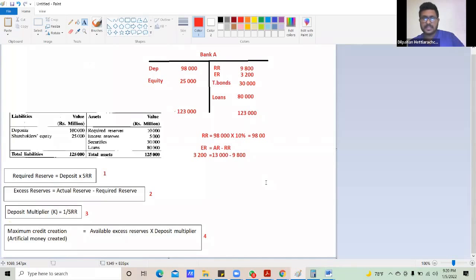Sometimes, since they don't have enough reserves, they sell their securities and increase their actual reserves. That kind of calculation you can get. Sometimes they have excess reserves, and without lending that, without increasing the loans, they can increase their treasury bonds or securities that they maintain. So they can give calculations like that also. Those are exceptional calculations, but still possible, right? So for your question, can there be a change in securities? Answer is yes. So I have mentioned some examples.